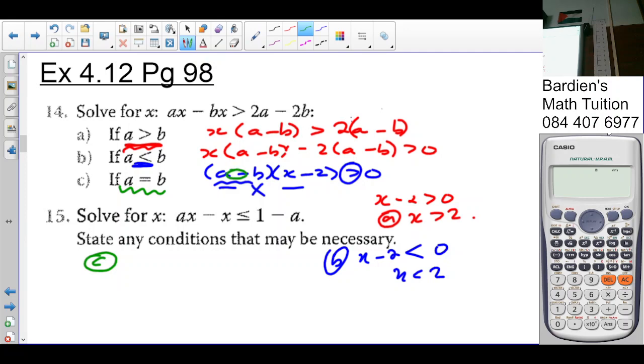Now 0 times what number is greater than 0? 0 times anything will always be 0. Is there anything that 0 can be multiplied by to give you a positive number? No. So there is no solution on this one.